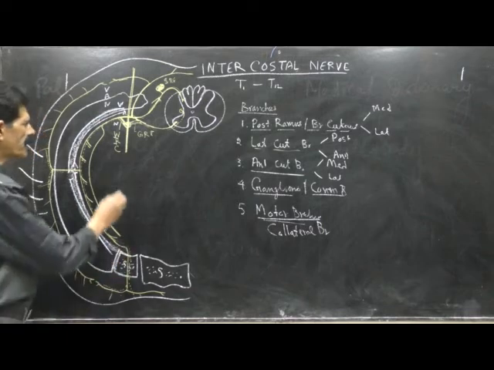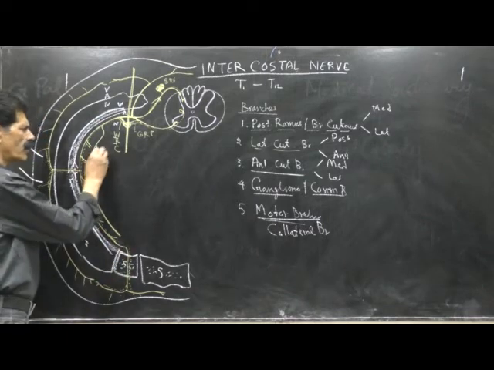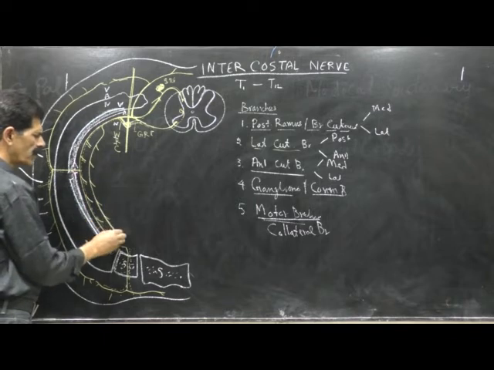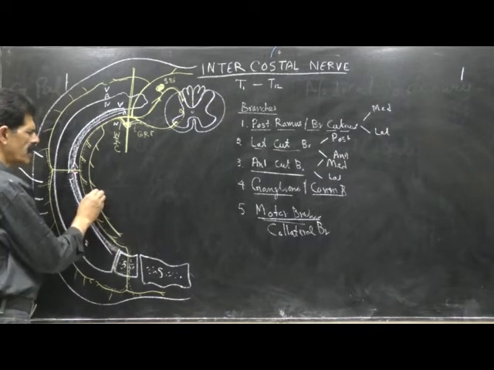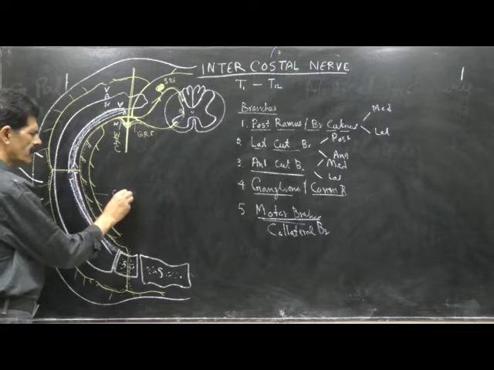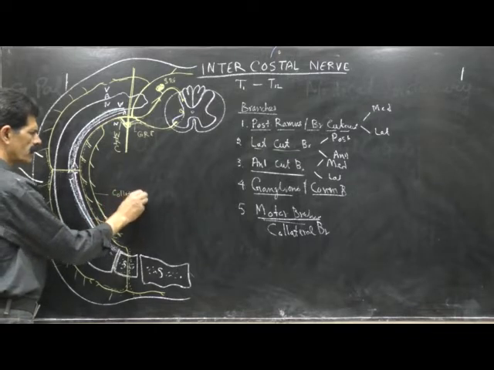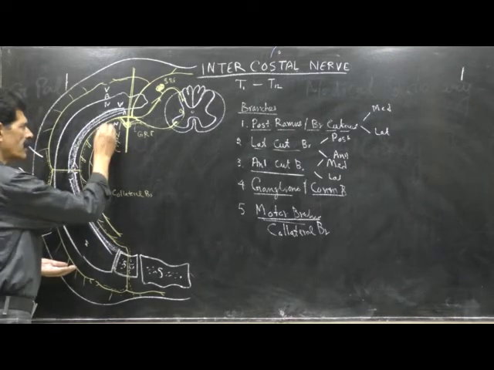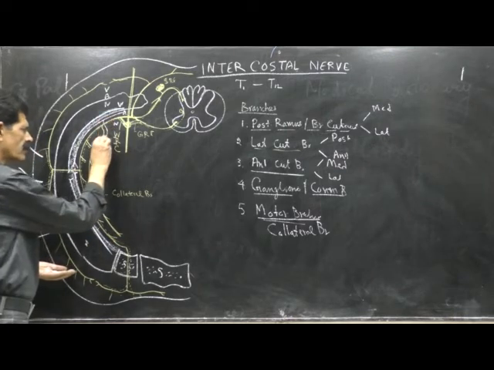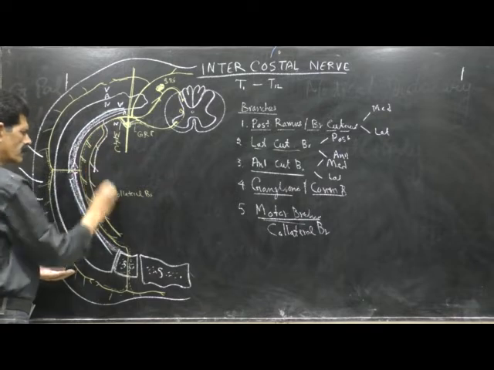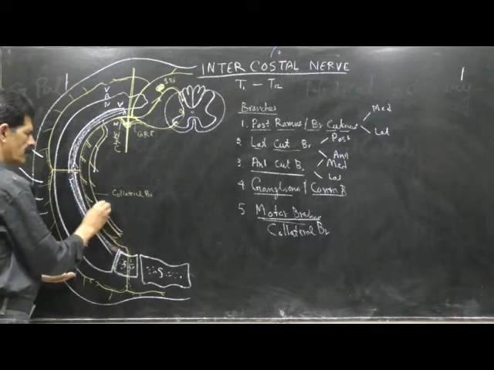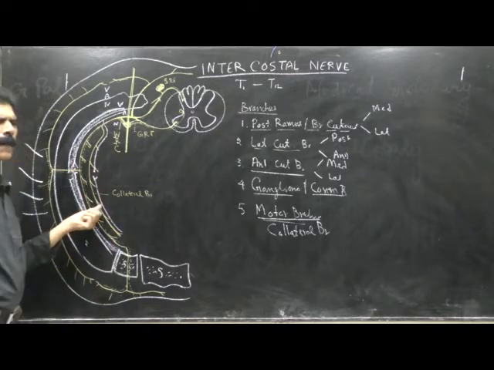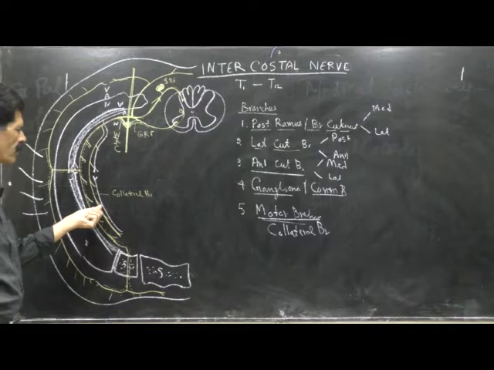This collateral branch also gives motor branches to the intercostal muscles. So this is the collateral branch. The collateral branch is also accompanied by collateral vessels, and they supply the tunica media of the accompanying vessels also.